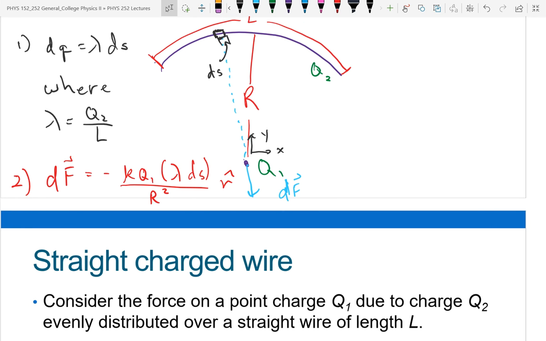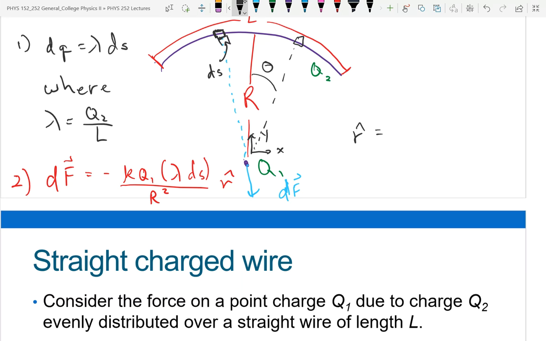So I would have r hat equals, and I need to define an angle. I'm going to define the angle with the y direction as theta. And I'm going to make it a positive angle if it goes this way. So if I was looking at this piece, then I'd have a positive theta.